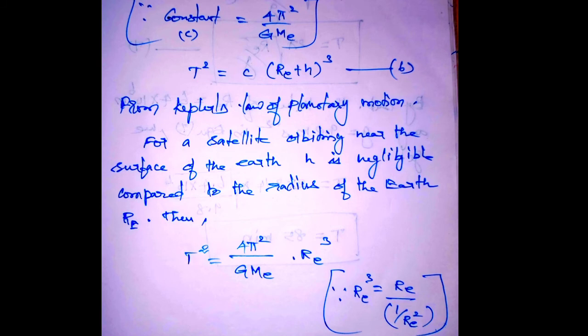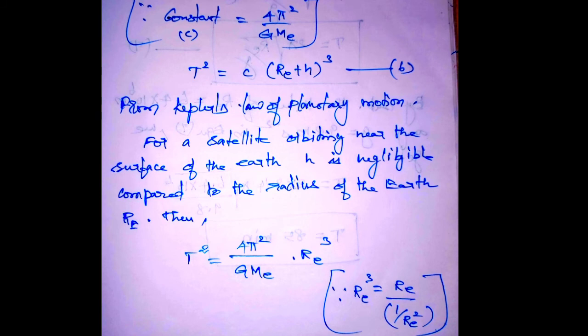Then, from Kepler's law of planetary motion, for a satellite revolving near the earth's surface, the height will be neglected, and we use the radius of the earth when calculating the time period. Therefore equation 6 becomes T² equals 4π² divided by G Me, into Re³.